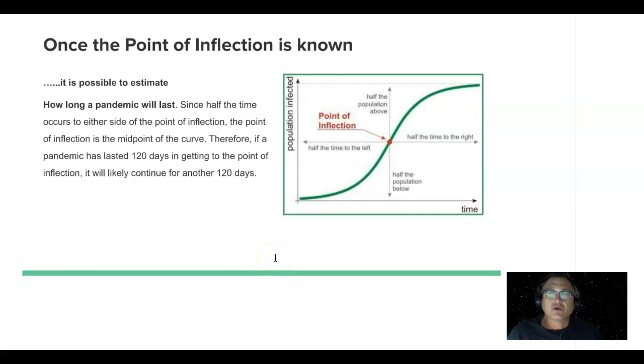All right, so let's say we were talking about a virus, and it took 120 days until the point of inflection was reached. Now, you can calculate this point of inflection several ways, but the math involved is a little bit beyond what we're talking about today, but it has to do with finding the derivative at that point.